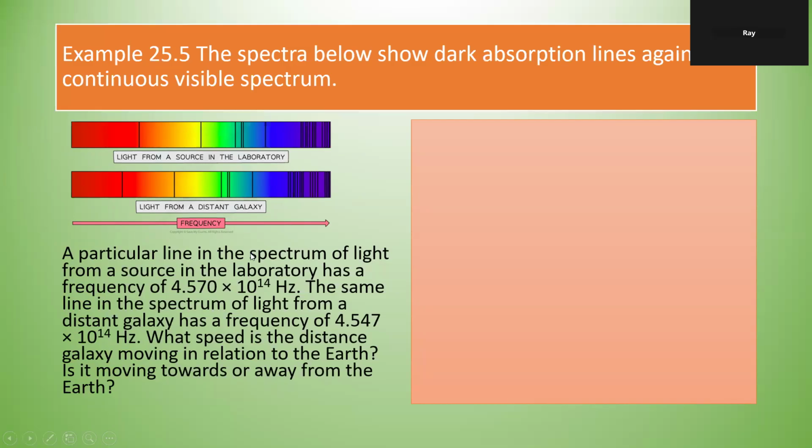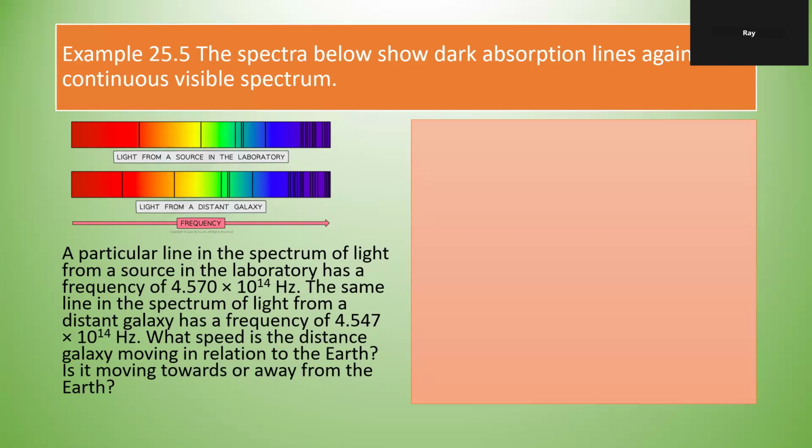A particular line in the spectrum of light from the source in the laboratory has a frequency of 4.570 times 10 to the power 14 Hz. This one is given in frequency, but we can recognize it is longer wavelength. The same line in the spectrum of light from a distant galaxy has a frequency of 4.547 times 10 to the 14 Hz.